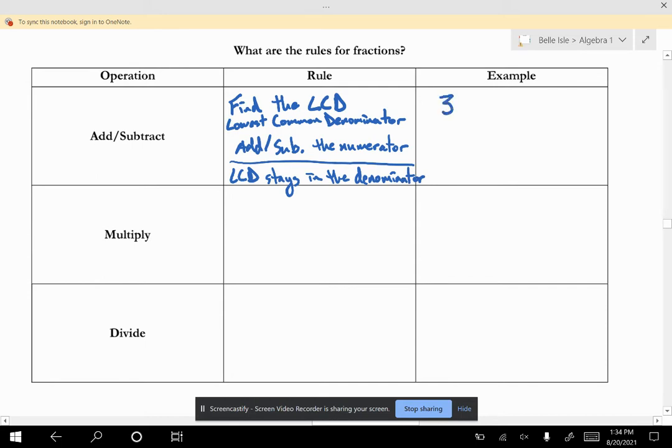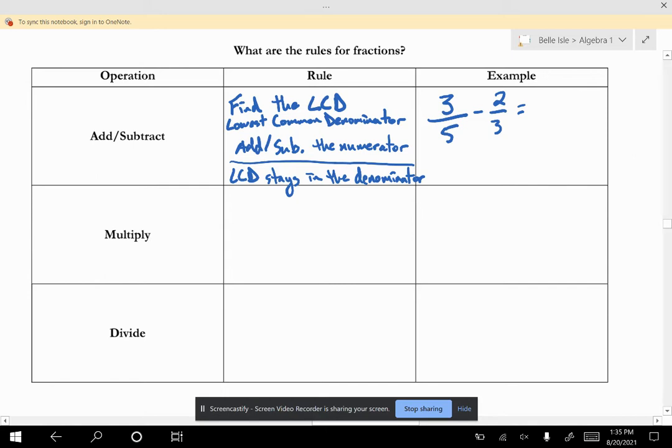Okay, so let's say, for example, we've got 3 over 5 minus 2 over 3. What's our process for finding a lowest common denominator? So let's say you don't see numbers up here. Tell me what to do. Perfect.